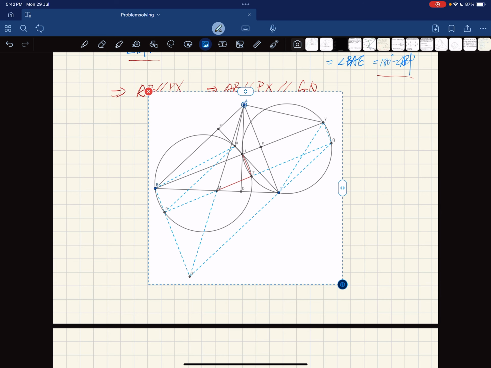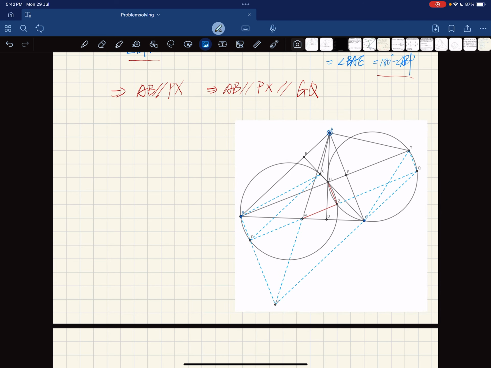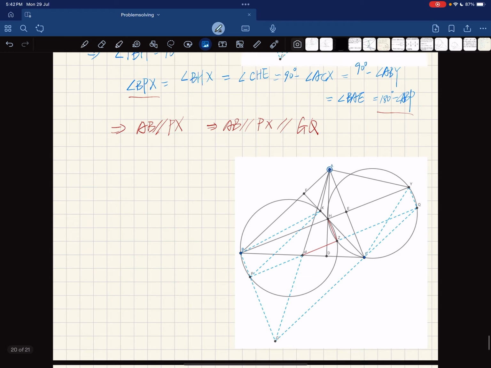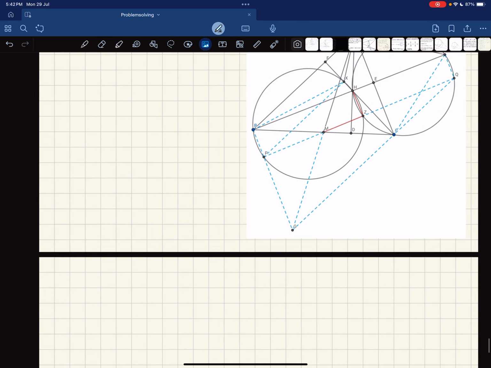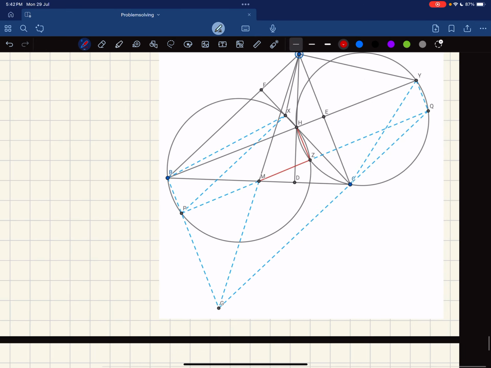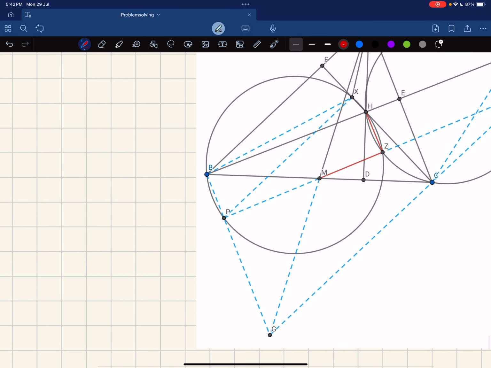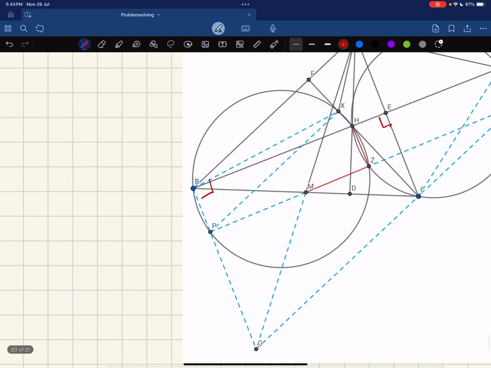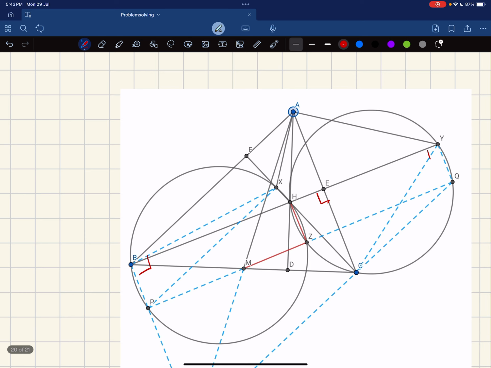So I use another diagram. After having this, what are the right angles we have? We have this one. We have this one. And we have this one.